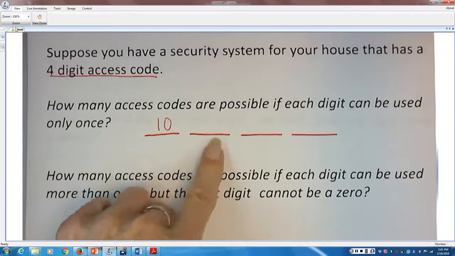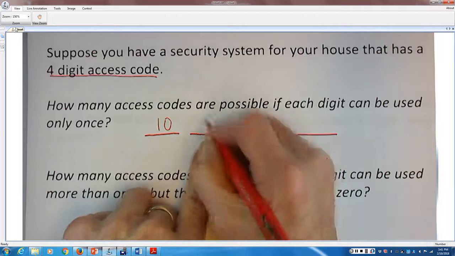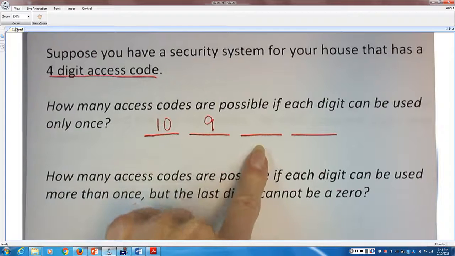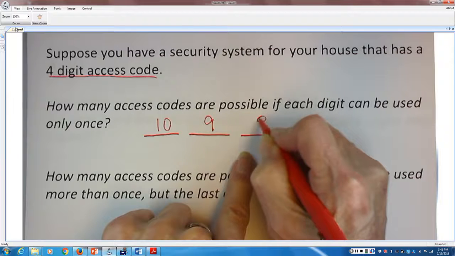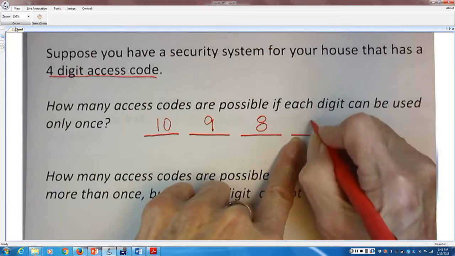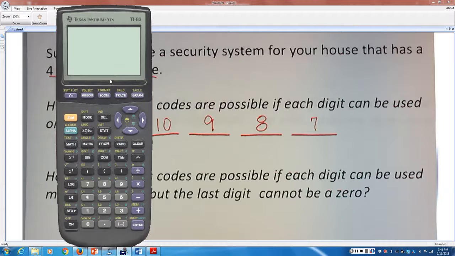So how many choices do we now have for the second one? Only 9. And since we can't reuse either one of those, how many choices for the next one? We only have 8. And then for the last one, we lose another one, so we only have 7. And you can use your calculator to confirm this, but it comes out to be 5,040 different access codes.